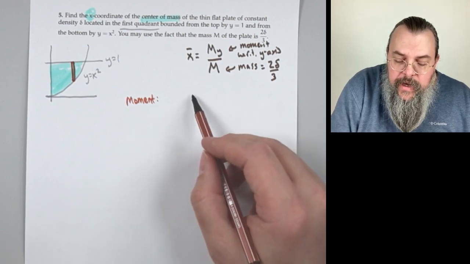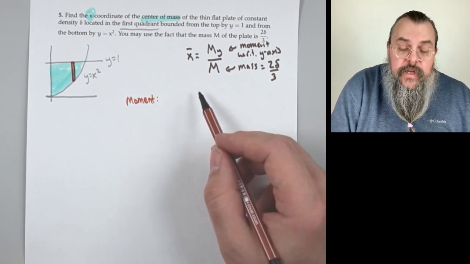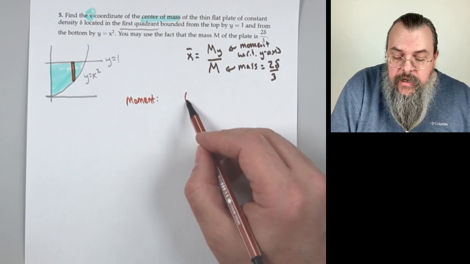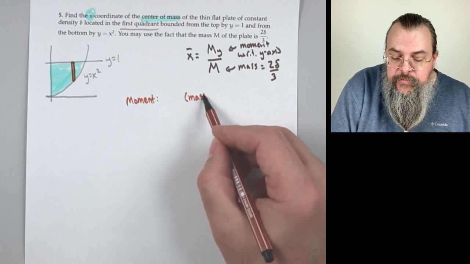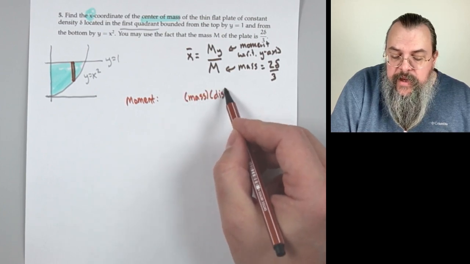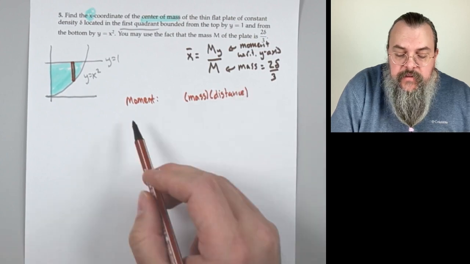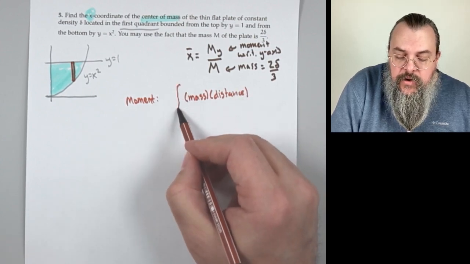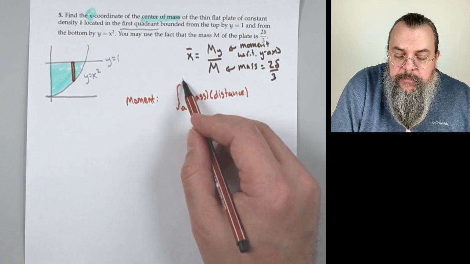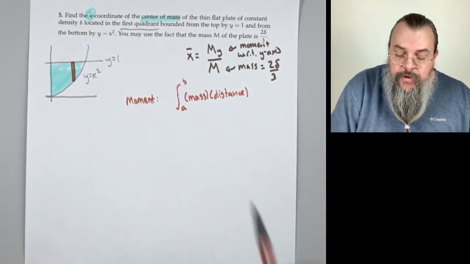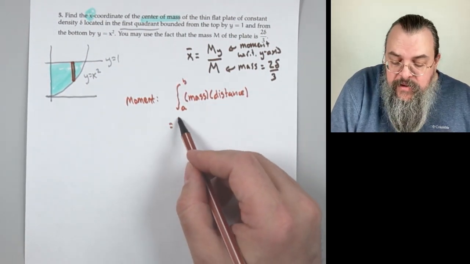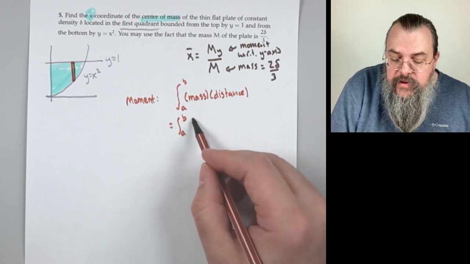Well, what you have is you do a combination of two things. It's the mass times distance. That's the moment of a little piece. And then the total moment is you add it up. Now you can go a little bit more precise. You can say, well, what's mass? Well, mass is your density.